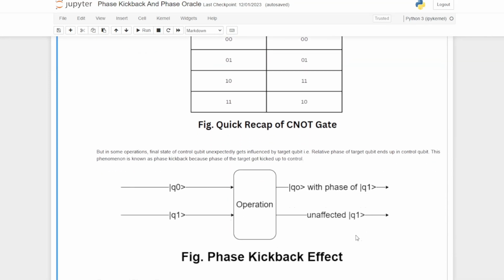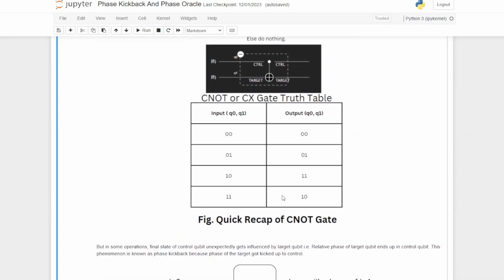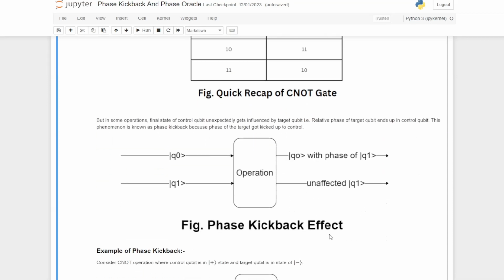Now there are some cases where instead of flipping, the target remains unaffected, but the control bit gets the phase of the target. Or in simple language, we can say the control is expected to remain undisturbed, but the control gets affected and the target remains unaffected.